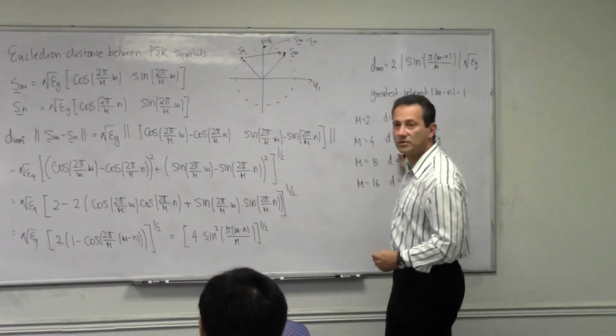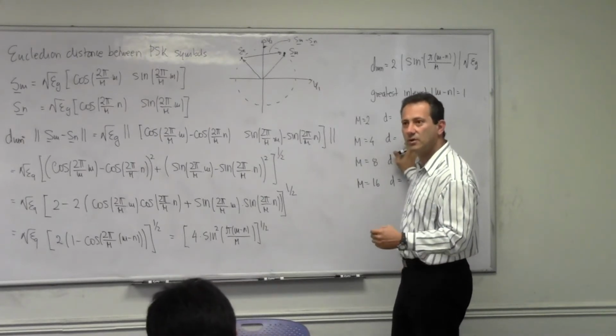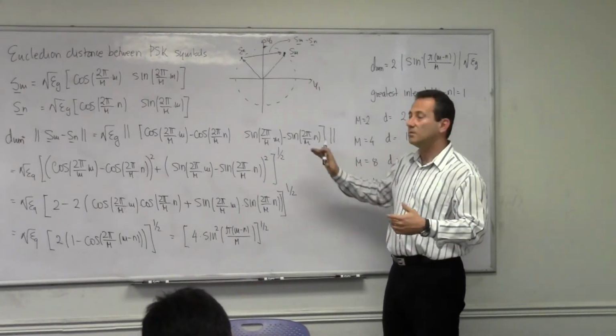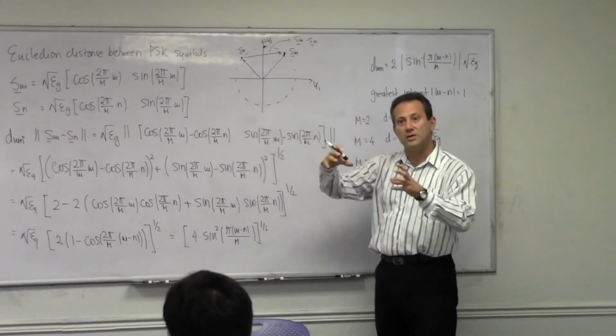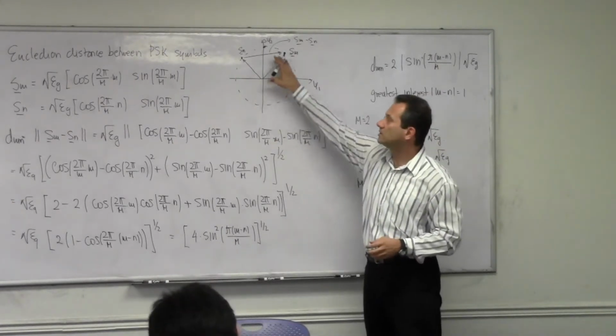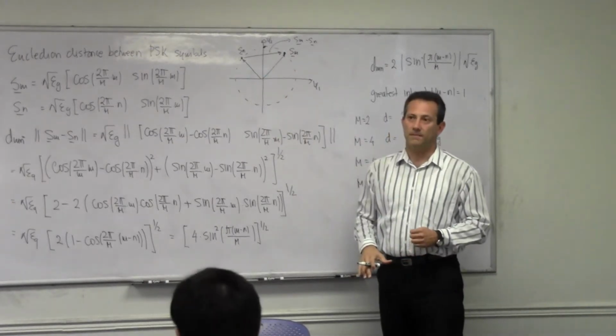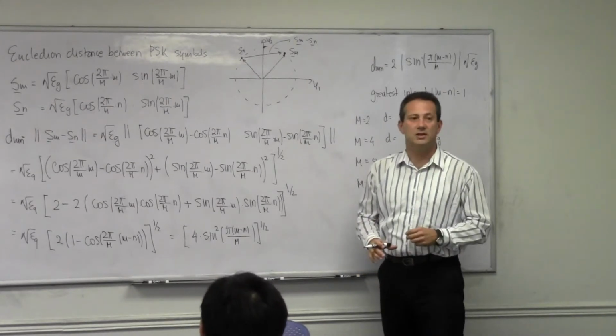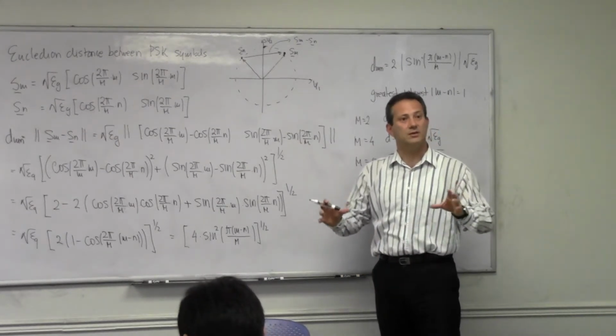They're separated 1 over square root of 2 times the square root of energy. But if I put 8 points, then I'm shrinking the distance between them. And the more points I put, the smaller the distance between adjacent points is going to become for a given energy.